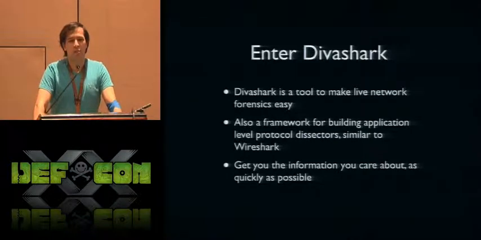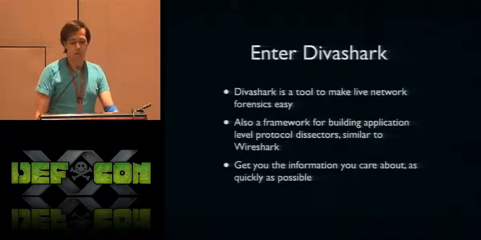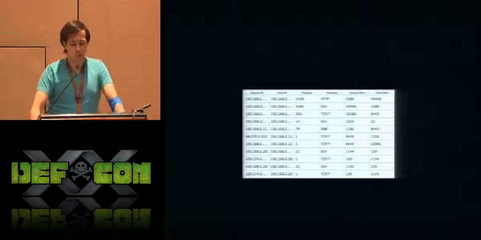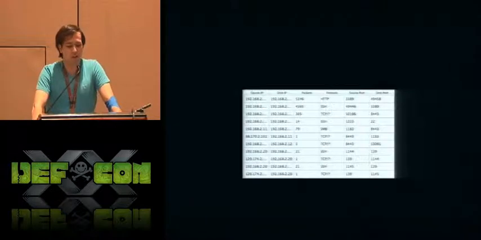So the idea is really to get you the information that you want as quickly as possible without getting bogged down in small details. This is just the analog to DivaShark's home view. We show source IPs and destination IPs, packet counts, protocols which the program detects for you, source ports and destination ports.